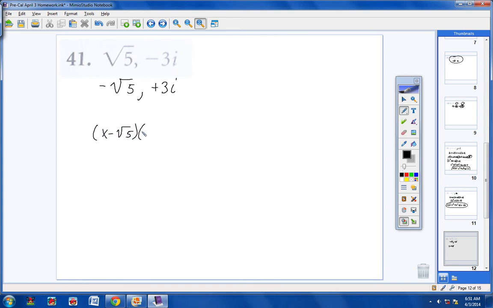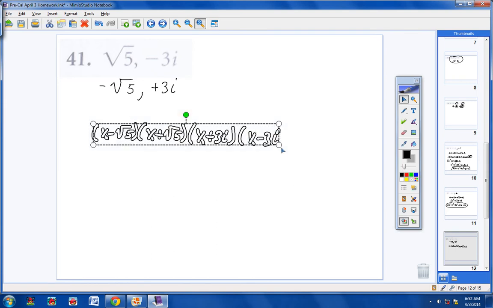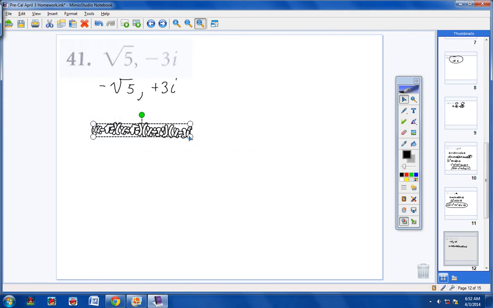In my next parentheses, I'm going to put x plus the square root of 5. And then in my next parentheses, x plus 3i. And then in my last parentheses, x minus 3i, okay? And we're going to shrink that just a little to give us a little more space, and we'll slide it up here.